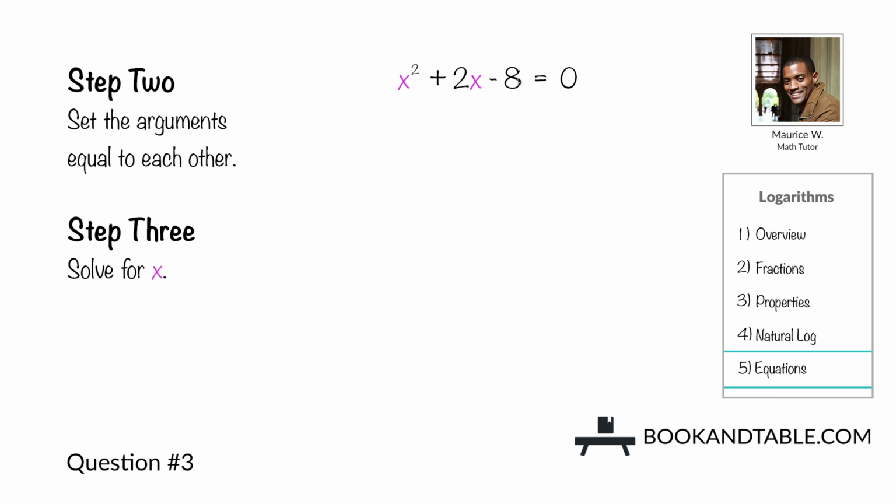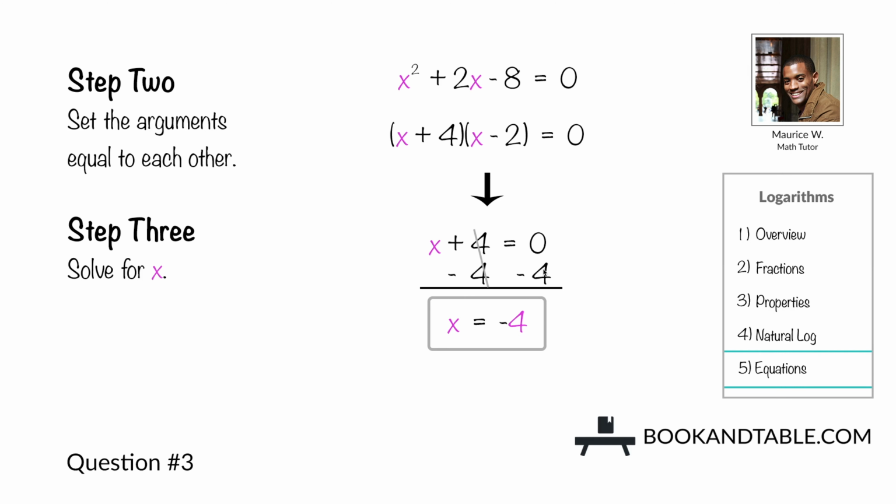So we want to find two factors of negative 8 that have a sum of positive 2, and that would be positive 4 and negative 2. So we can now set each of these factors equal to 0 to solve for x. So x plus 4, we set that equal to 0. And to solve for x, we subtract 4 from both sides.